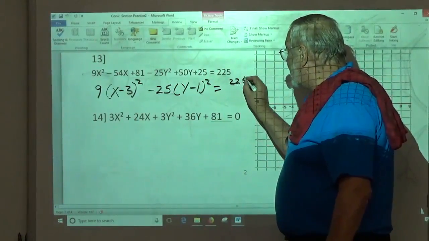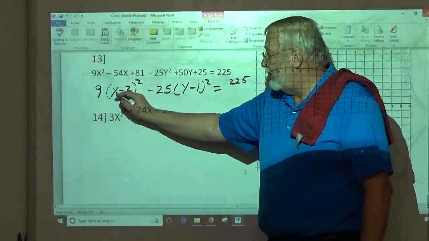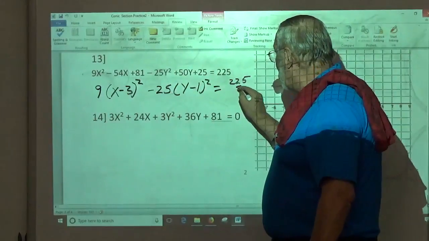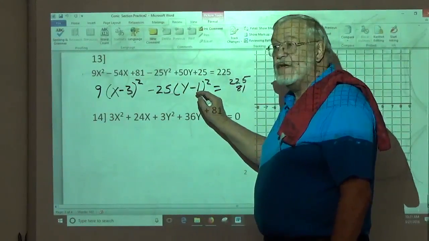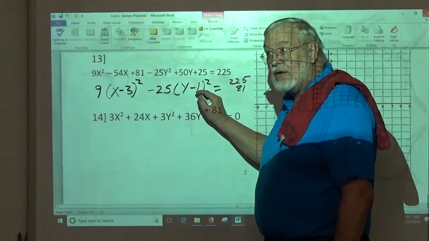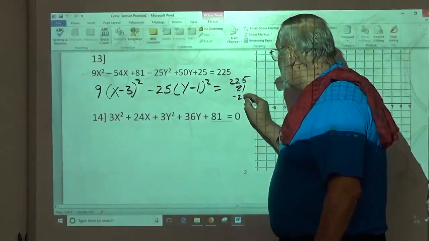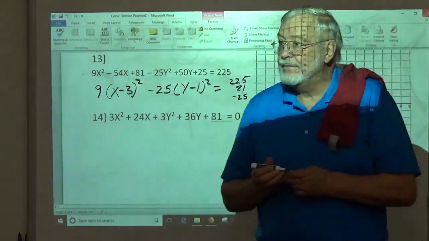Now, I have a 225, but what extra number do I add with this binomial? 9 times 9. 81. Because there's an 81 there, have an 81 there. Okay? Now, this is 1. 1 squared is 1. 1 times negative 25 is negative 25. And then you'd add all those together and divide.